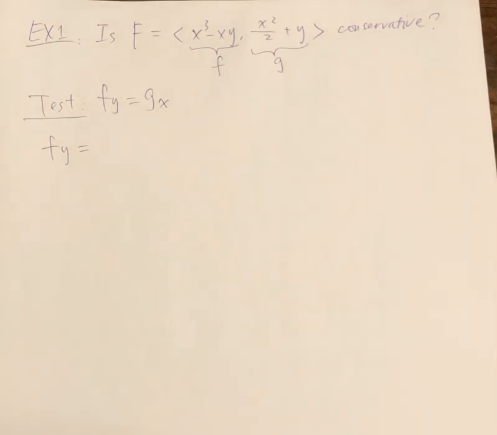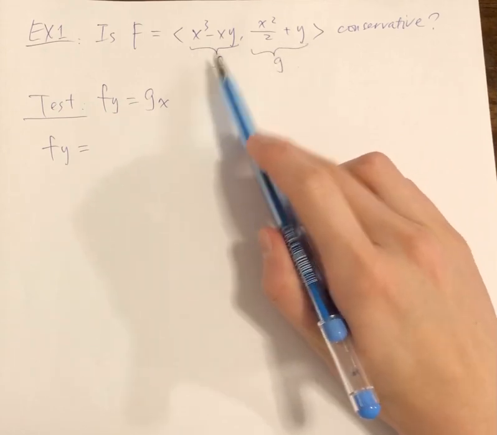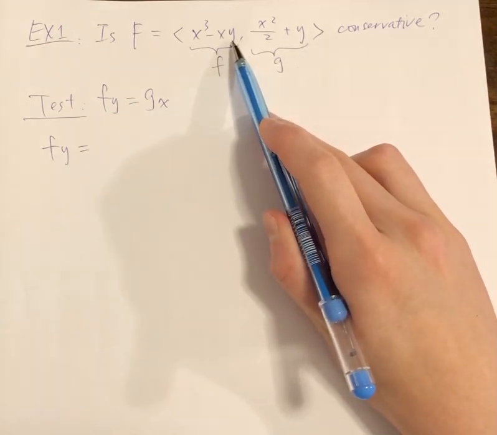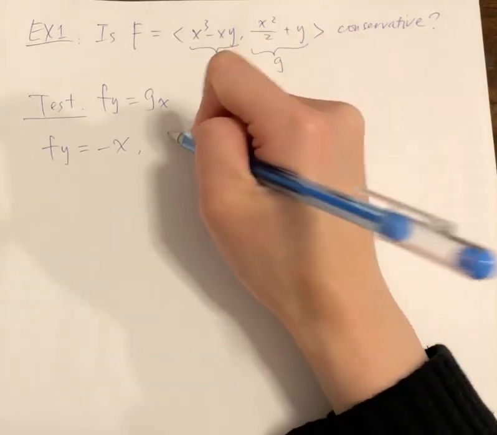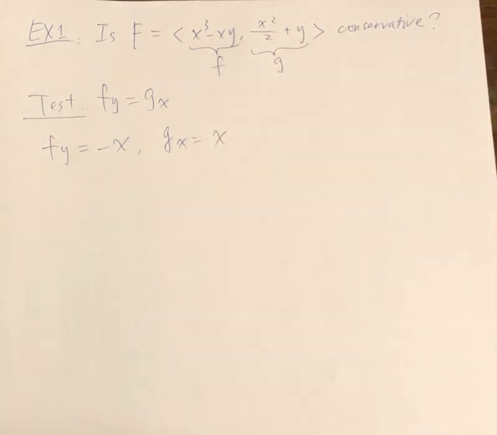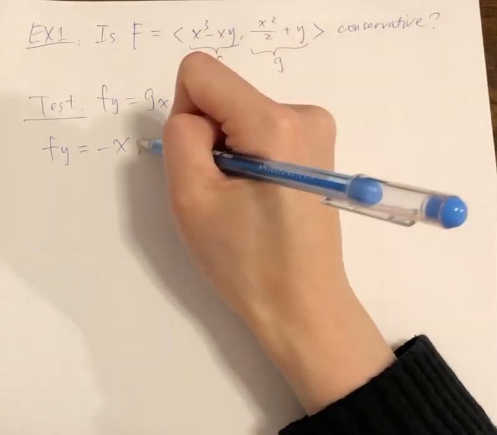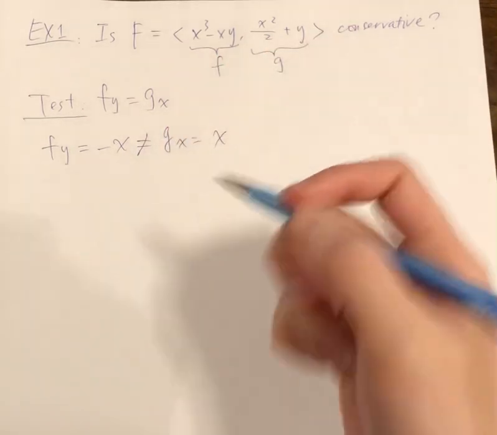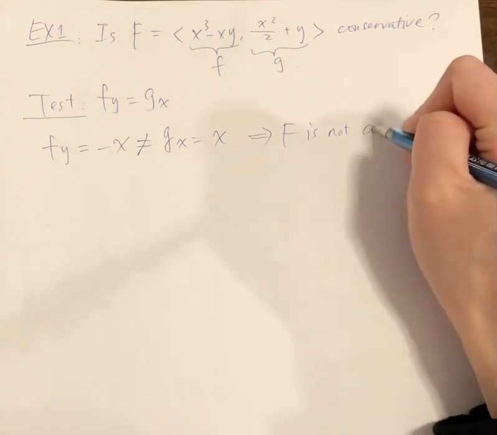Fy is equal to, with respect to y, negative x, and then gx is x. And then we see that these are not equal, right? These are not equal. So that means f is not conservative.